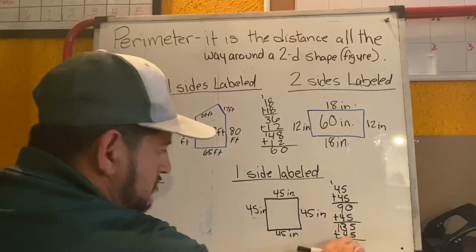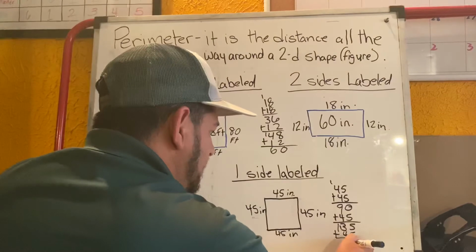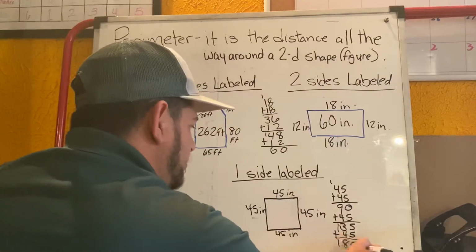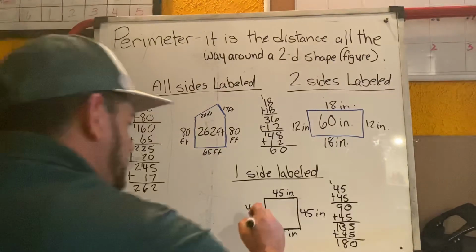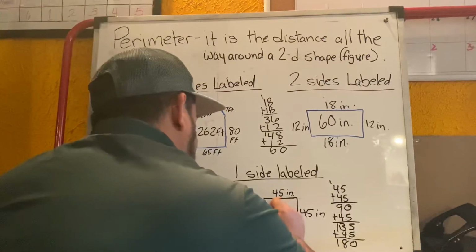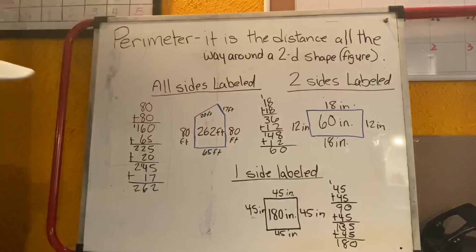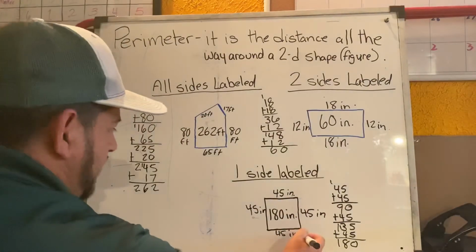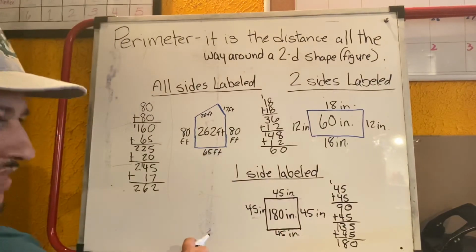Regroup the 1. 1 plus 3 is 4. 4 plus 4 is 8. And that 1 just comes down. So our perimeter for this square is 180 inches. Again, don't forget, whatever it's telling us it is, that's how you have to finish off the perimeter.